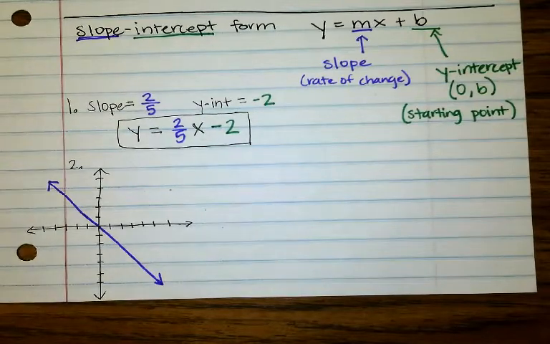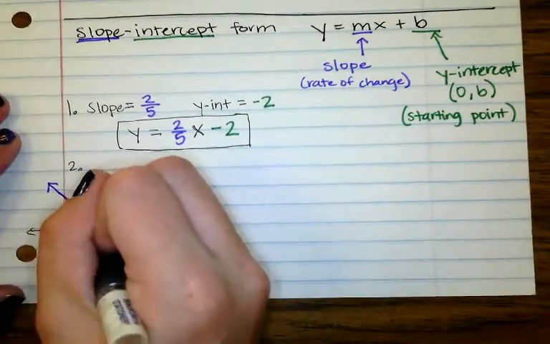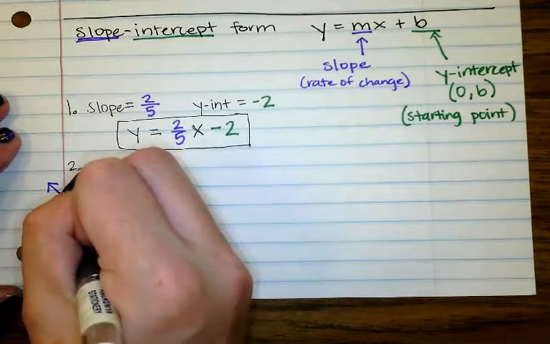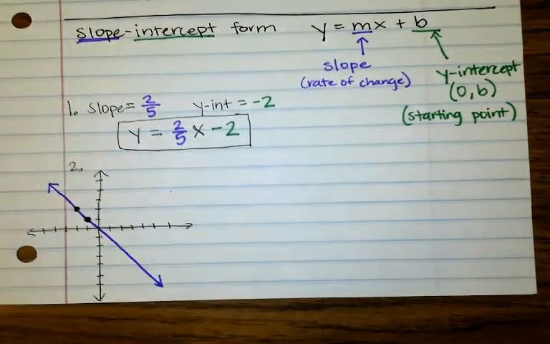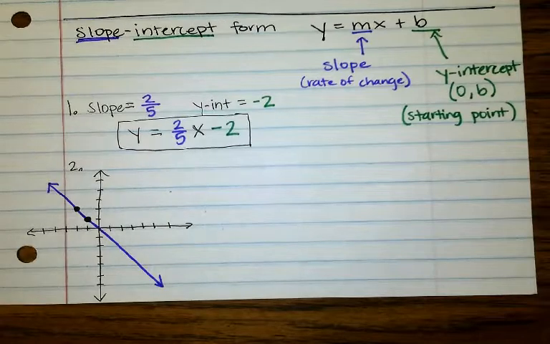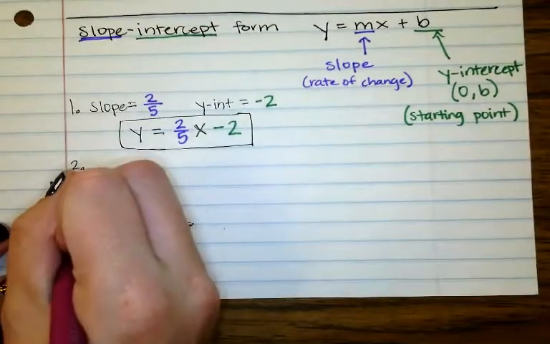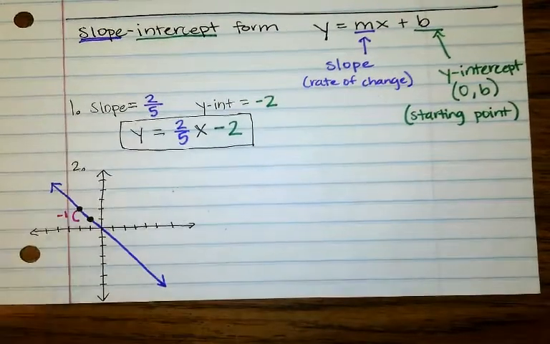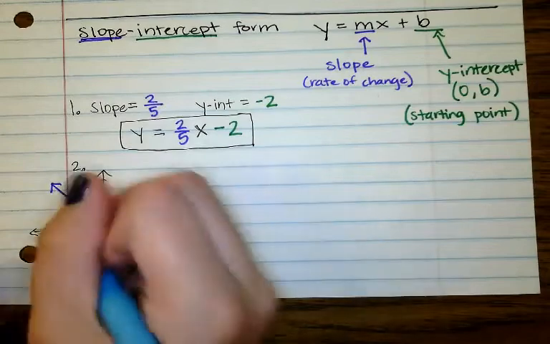Okay. So, my rise, what's my rise, y'all? It's -1. What's my run going to be? +1. So my slope in this case would be -1 over +1.